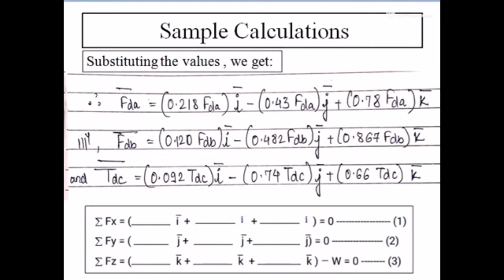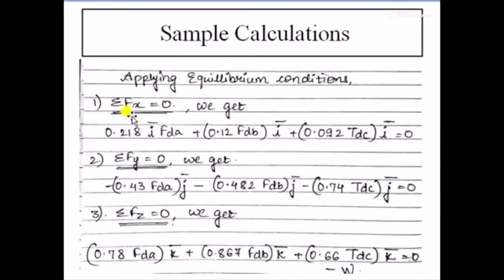What we have done is, for Fx, addition of all three in terms of i, for Fy addition of all these three, and for Fz addition of all these last members of k unit vector. Since i is the unit vector representing the x-axis, j is the unit vector representing y-axis, and k is the unit vector representing the z-axis, we will get the equilibrium conditions of Fx equal to 0, Fy equal to 0, and Fz equal to 0.